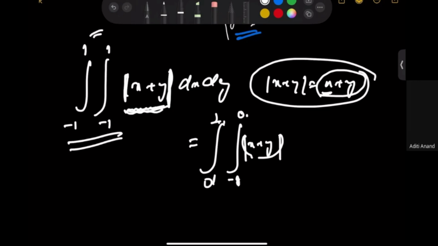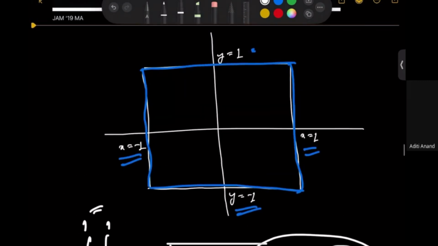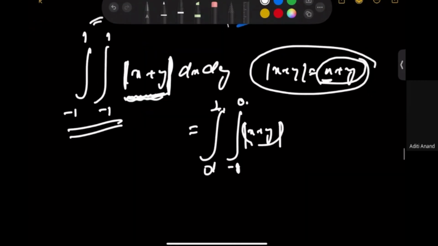So we can take the limit of x from -1 to -y. At -y it would be 0. And after that we can split it again.